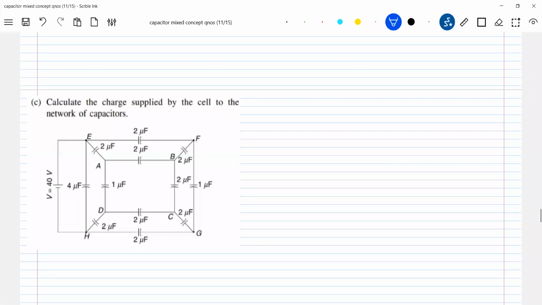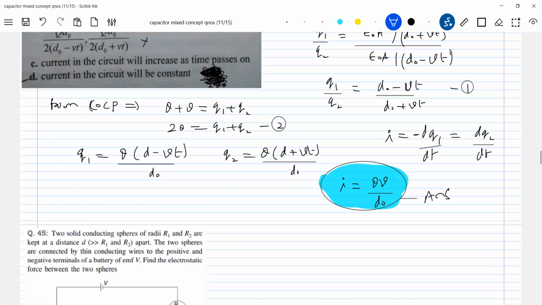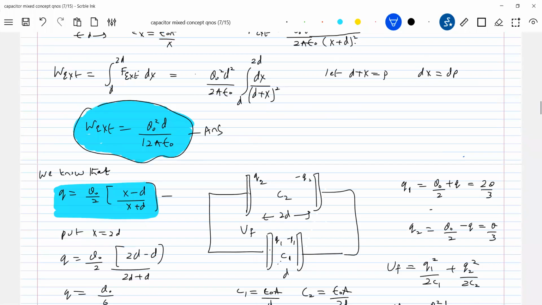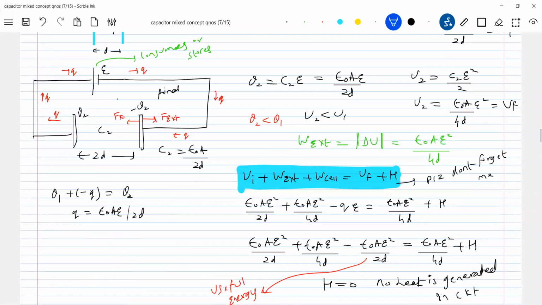Look at the capacitance, the way they are connected. Instead of fighting with this diagram, I will redraw the circuit diagram.